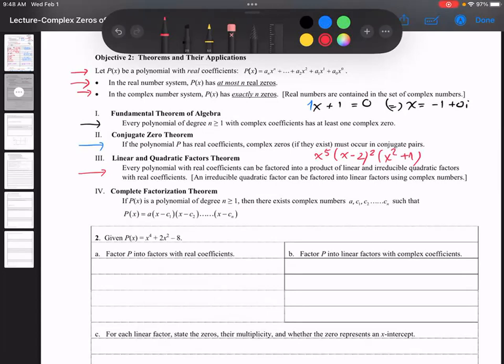So you see the x and then x minus 2, those are linear, right? And the last factor, x squared plus 1, is irreducible quadratic. So that's what they meant. You will have real factors and then an irreducible factor, which is likely going to have complex zeros.